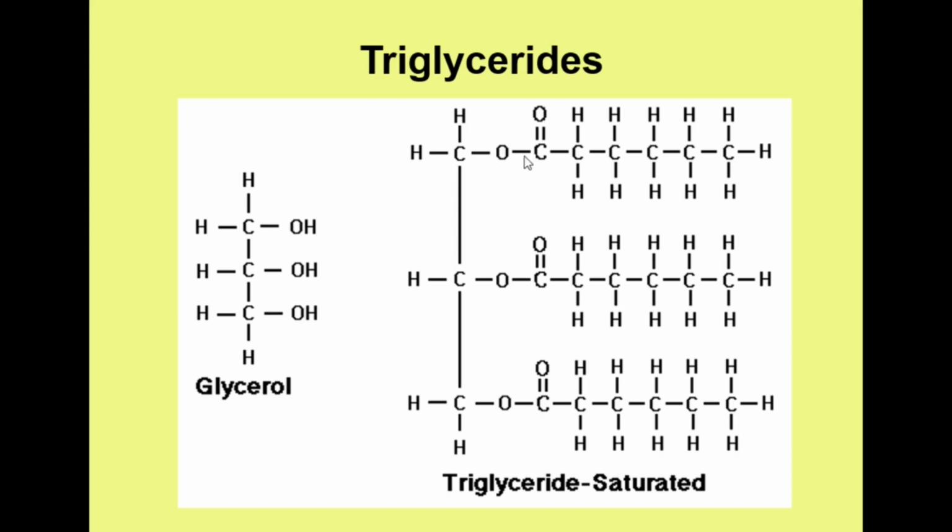Here's the ester link, and this is where it attaches to the fatty acid. Same principle here. If we keep following this oxygen, that oxygen is now here, and it's joined by dehydration synthesis to create this ester link between the fatty acid, and it's the same down here.